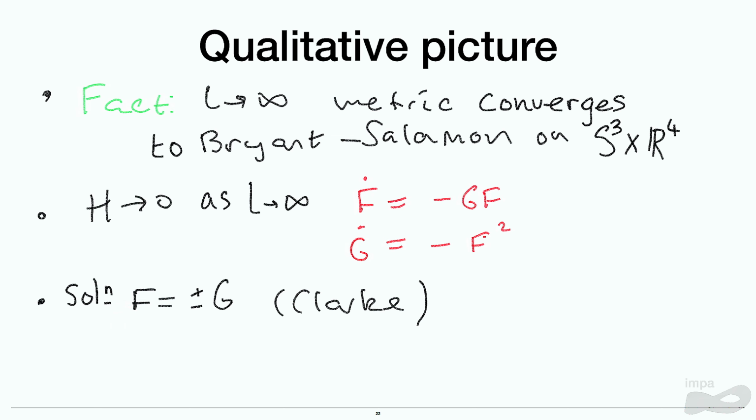Yes, but I've reparameterized things, so the radial direction is no longer the parameter of this equation, it's something else. Yeah, these always extend. For B7, they're not solutions unless L is infinity.